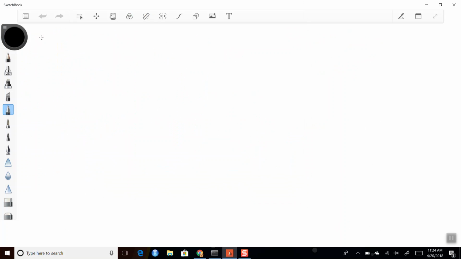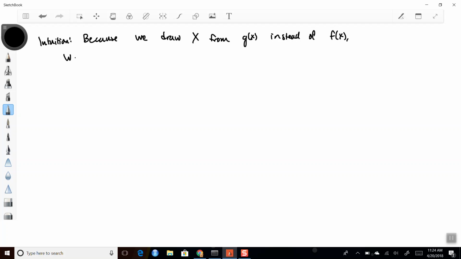So the intuition is that because we draw x from g of x instead of f of x, we will draw certain values of x too often, okay?